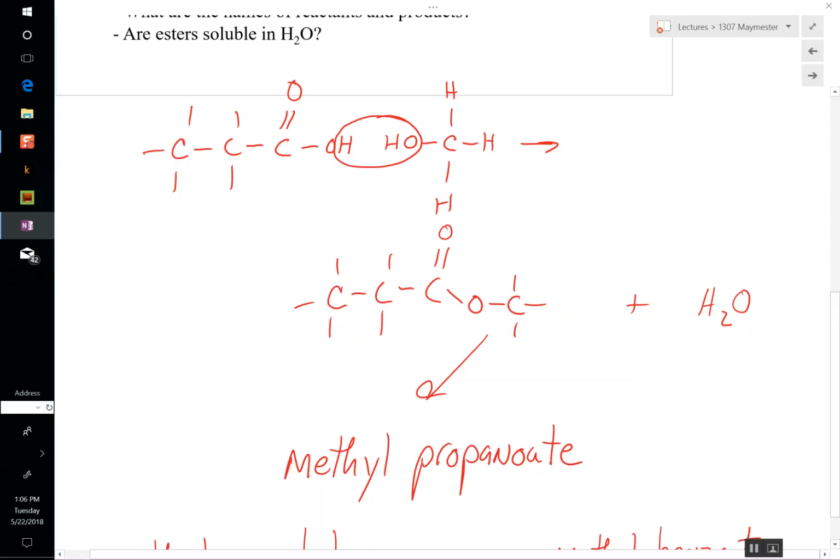This one where it says esterification reaction, acetic acid plus isopropyl alcohol. I've given you so many papers, they're probably hard to keep track of.